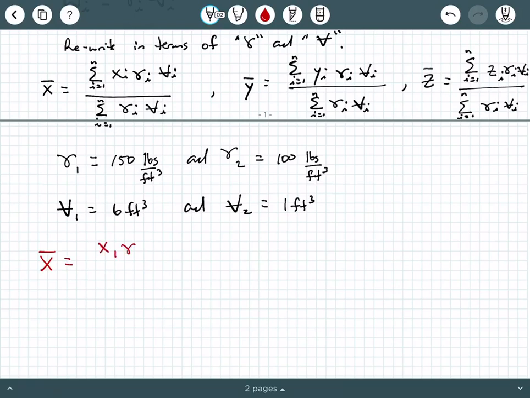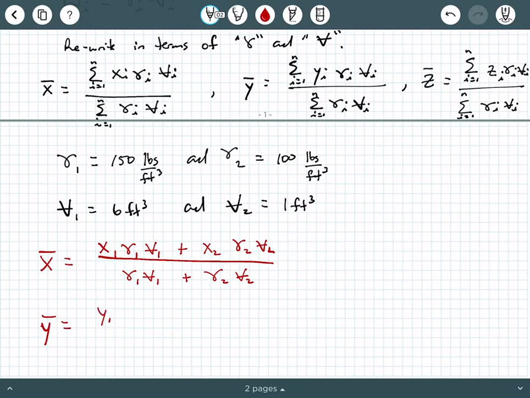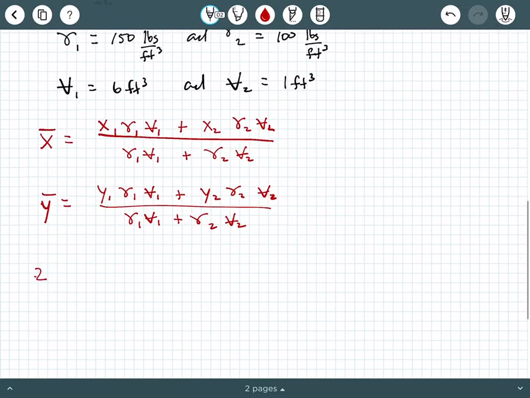Now x bar equals x1 gamma 1 v1 plus x2 gamma 2 v2, all divided by gamma 1 v1 plus gamma 2 v2. Similarly, y bar is y1 gamma 1 v1 plus y2 gamma 2 v2, all divided by gamma 1 v1 plus gamma 2 v2.